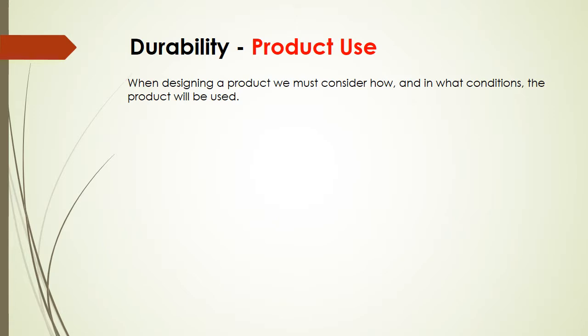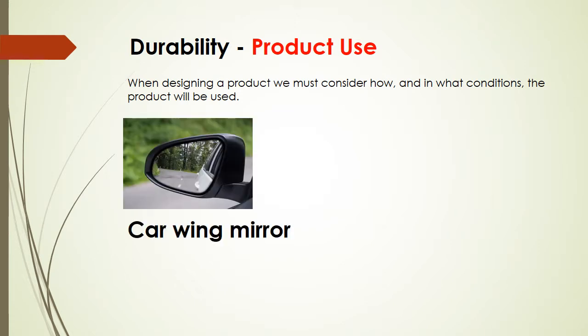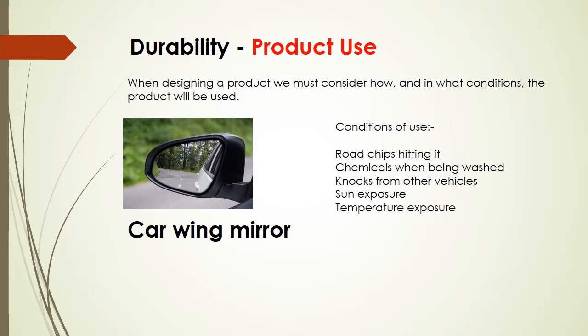The durability of a product will depend on how the product is used and also in the conditions in which it's used. If we think about a car wing mirror as an example, that car wing mirror needs to be able to withstand certain conditions of use. It's likely to be hit by road chips. It's going to have to have a high resistance to chemicals when it's been washed.